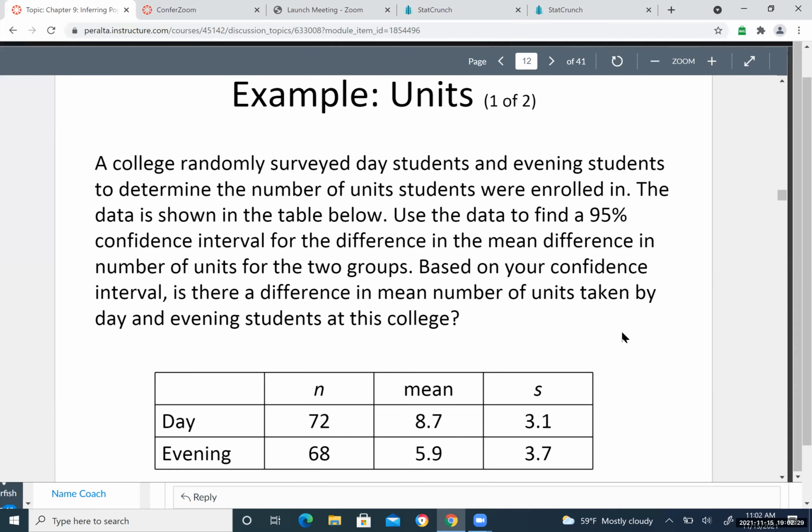The keywords here are "is there a difference in mean," so that would be not equal to, if we're talking about hypotheses. They're asking us to find a confidence interval, so we have to find that first to see what happens and then compare back.